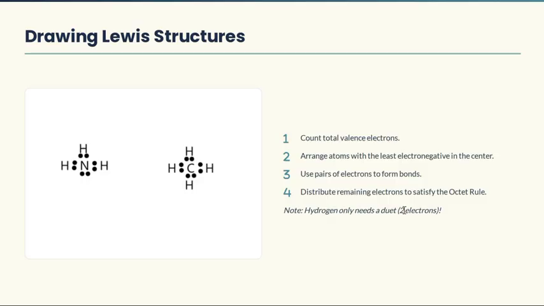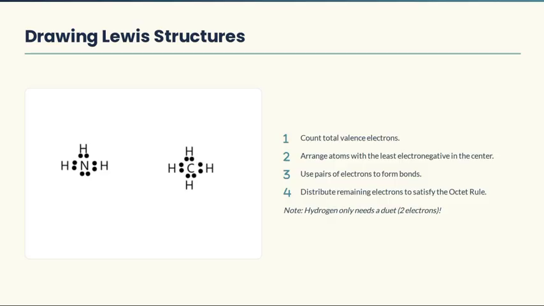But okay, first you count the valence electrons, then arrange the atoms with the least electronegative in the center, then use pairs of electrons to form the bonds and distribute the remaining electrons to satisfy the octet rule. You put the valence electrons, start from here, and go clockwise until you run out. And hydrogen only needs a duet of 2 electrons, by the way.